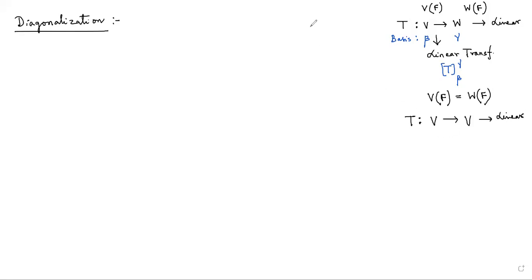And if the basis of the vector space is beta, then the matrix representation of such a linear mapping is denoted by T beta. Not only this, such a linear mapping is actually called a linear operator.